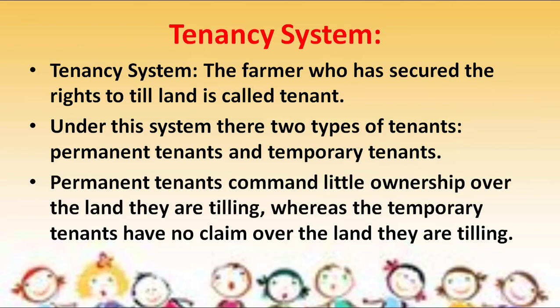Tenancy system. The farmers who have secured the rights to till land are called tenants. Under this system, there are two types of tenants: permanent tenants and temporary tenants. Permanent tenants command little ownership over the land they are tilling, whereas temporary tenants have no claim over the land they are tilling.